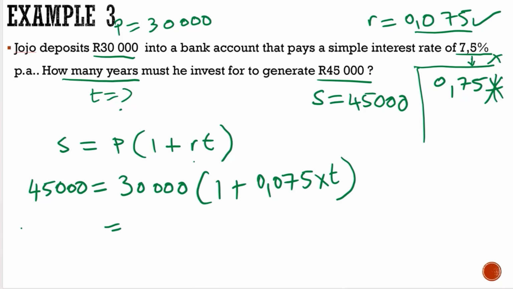So here, in the simple mathematical calculation, you would divide both sides by 30,000.